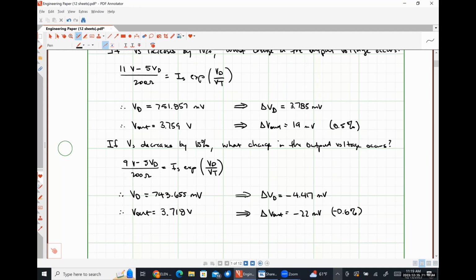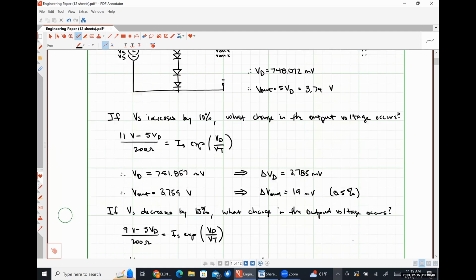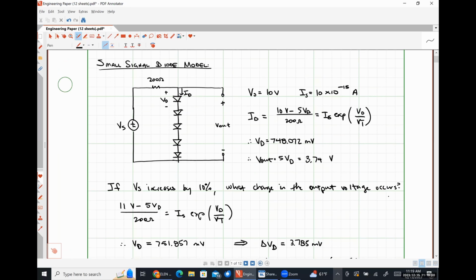So let's make a different change. Let's say that we loaded this circuit. So instead of having an open circuit as our output, let's throw a 1 kilo ohm resistor in there, because that's definitely a change to our circuit overall. So it counts as a perturbation as well.